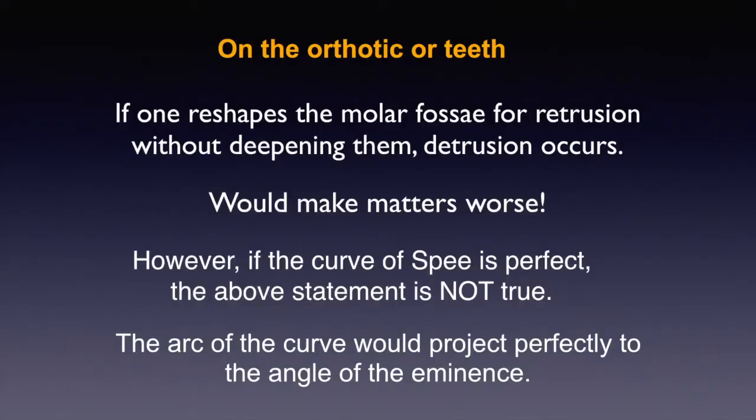The critical jawbone geometry that one needs to understand here is that if the fossa contacts are not deepened by that amount, the condyle is actually forced into detrusion. In other words, the space between the condyle and the eminence is actually increased.